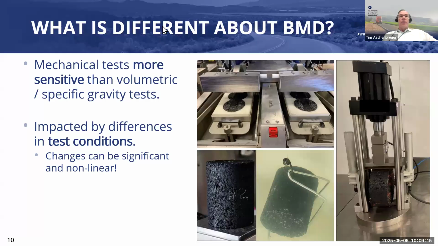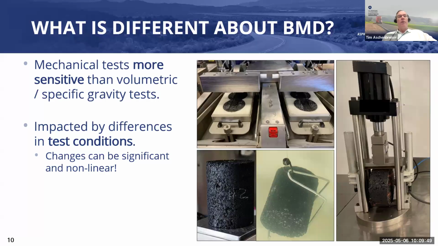So what's different about balanced mix design compared to the typical volumetric type testing? Well, one thing that we want to emphasize today is that these mechanical tests used in balanced mix design are more sensitive than your volumetric tests or your specific gravity tests. Now we know, for example, the Gmb, you're weighing the compacted specimen in air and water. There's some variability there, but these mechanical tests are much more variable.